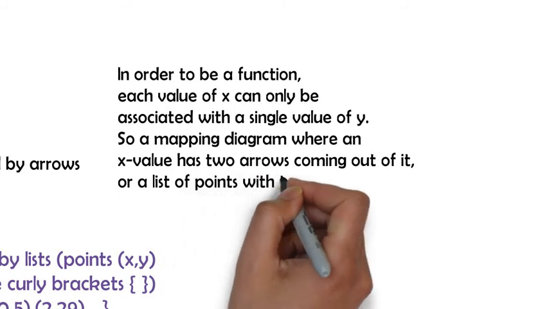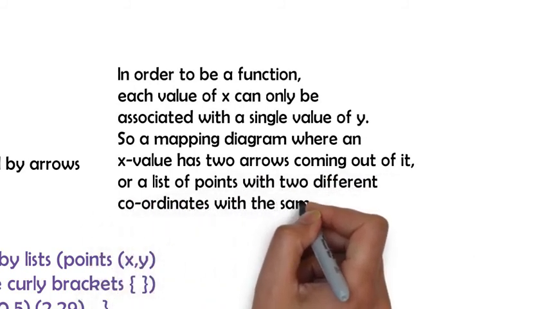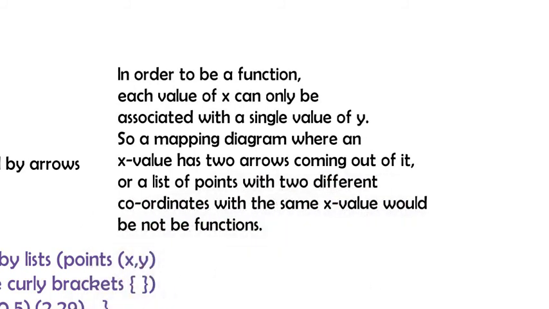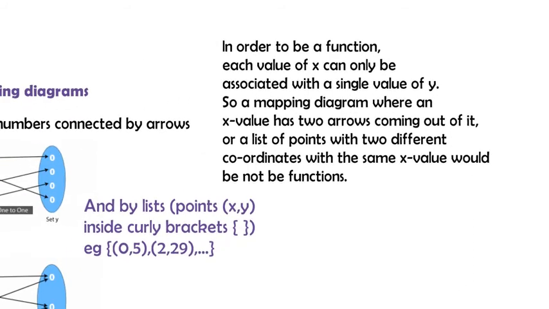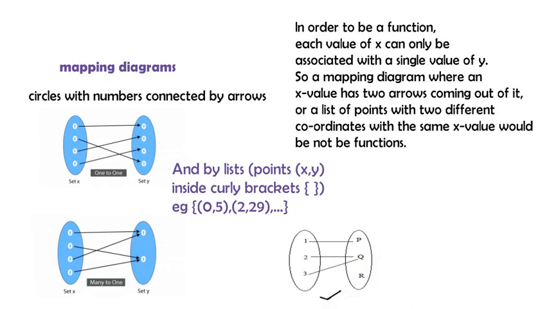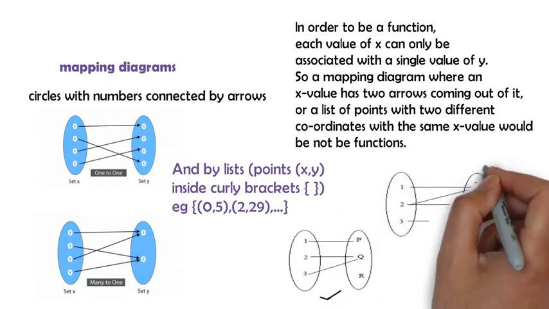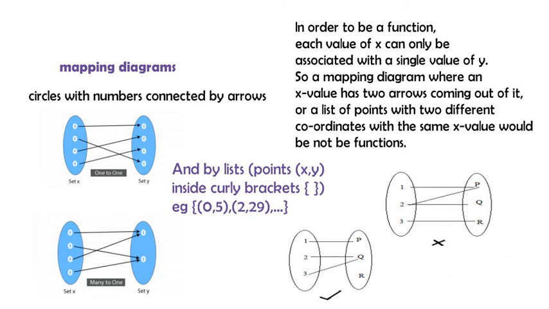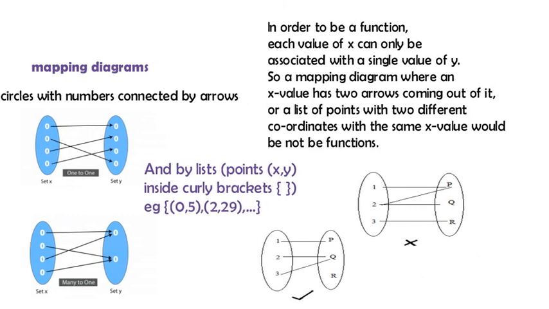So a mapping diagram where an x value has 2 arrows coming out of it, or a list of points with 2 different coordinates with the same x value, would not be a function. For example, the mappings we have below. Whereas one mapping is a function, the other is not a function.